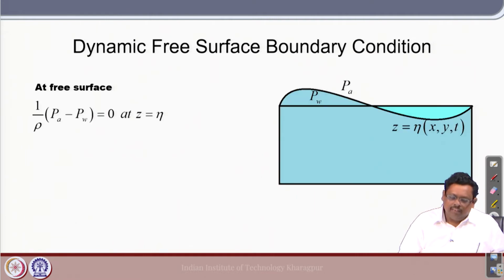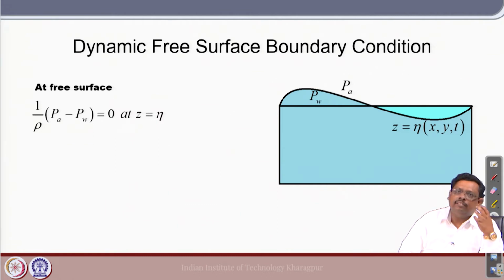Okay. Now, let us move on to the next part, called the dynamic free surface boundary condition. The kinematic free surface condition explains that the water particles stick on the free surface. Now, this dynamic free surface condition is telling you that at the free surface there is equilibrium of the pressure.